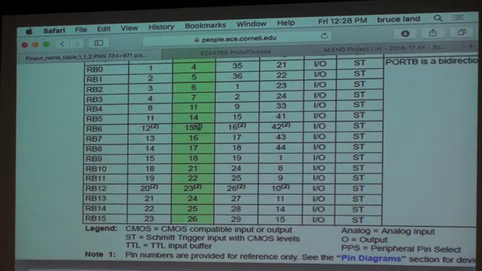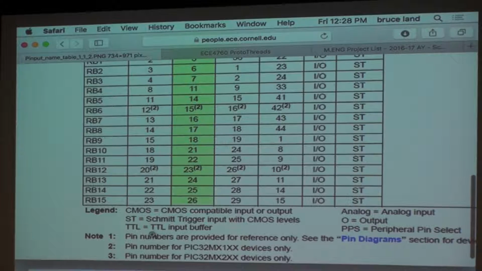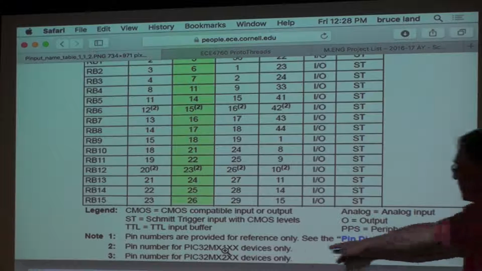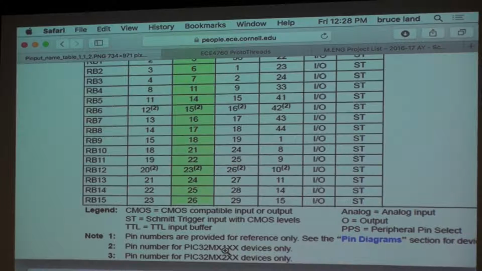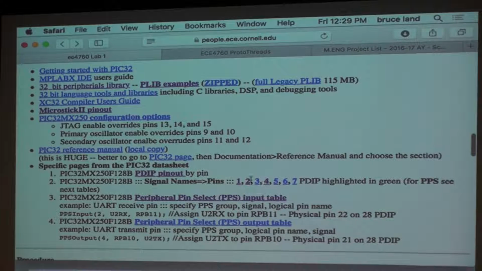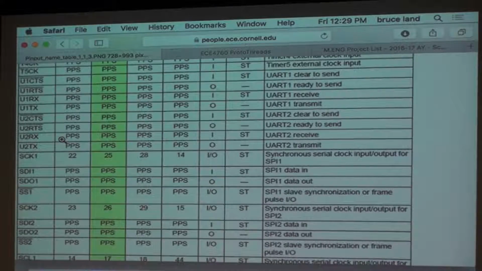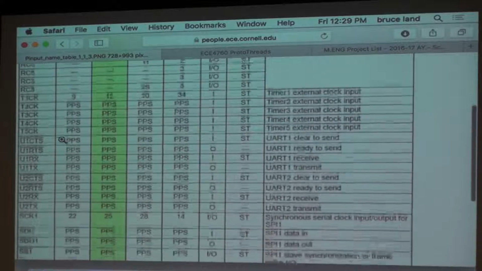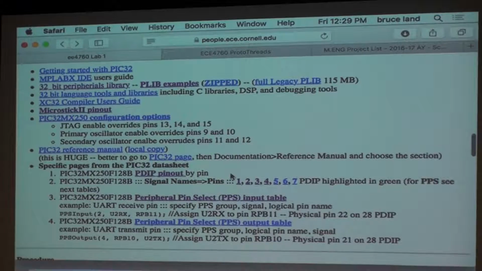Port B6 should be on pin 15, except that note 2 says that's on the MX1 devices only, and we're using MX2, so there is no port B6 on our device. Well, that's annoying, but okay. So then we go to the next sheet and we find nothing on pin 14. I know there's at least one more.